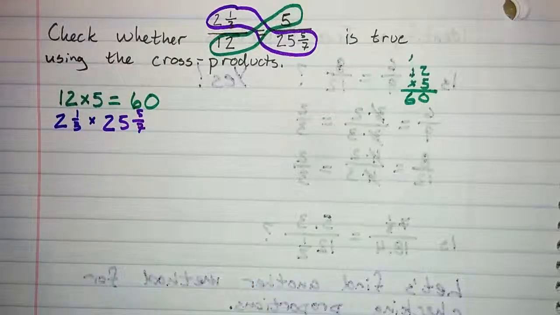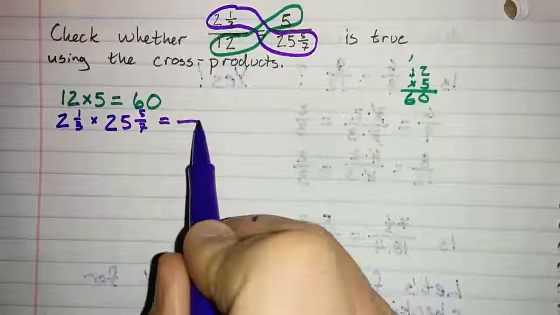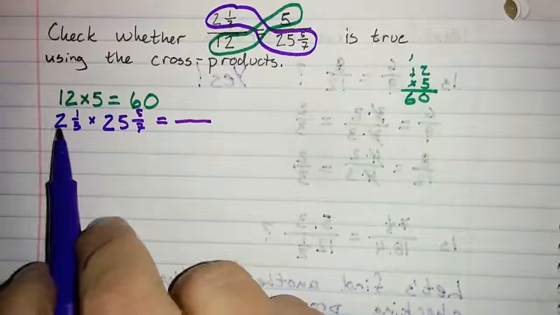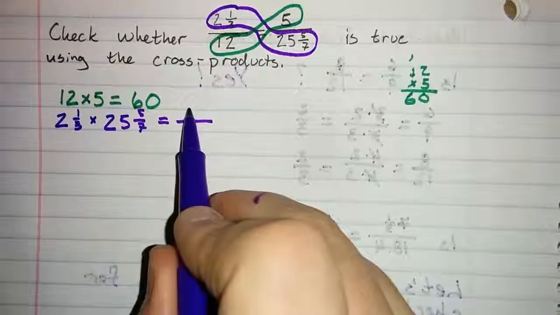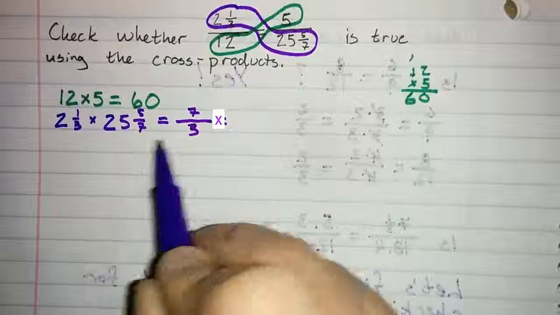In order to multiply these two mixed numbers, I need to write them as improper fractions. 3 times 2 is 6, plus 1 is 7. So the first one is 7/3.